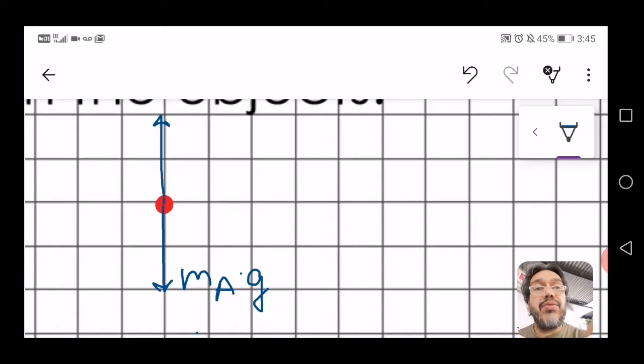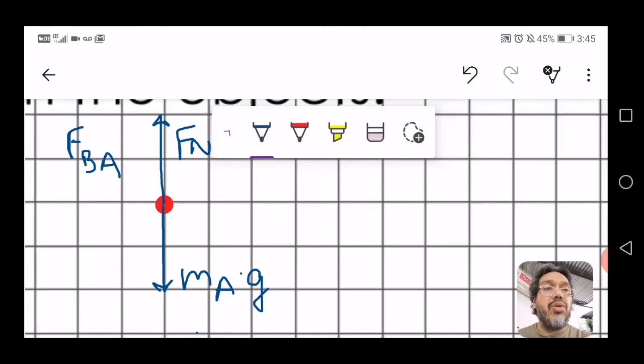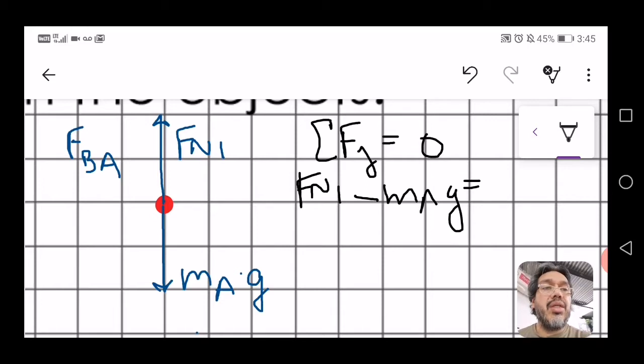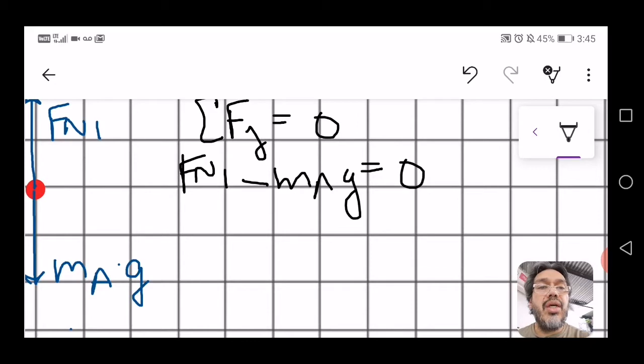Now we call this normal force Fn1, but in another language, this is the force that B is doing on A. And so, according to your equilibrium equations, the sum of forces in Y is equal to 0, which means that the normal force minus mg is equal to 0, or in other words, your normal force Fn1 is equal to 45.08 newtons.